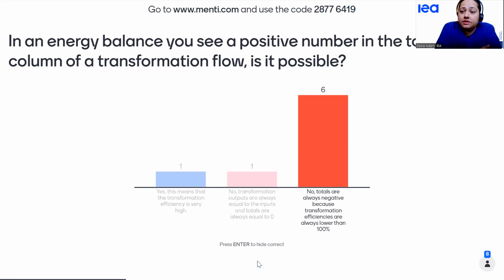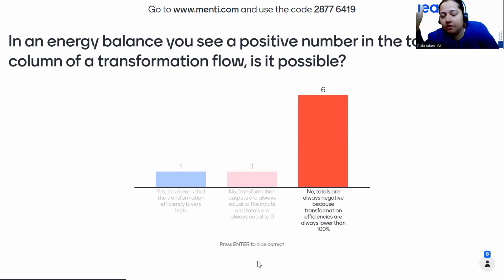So most of you got it right here. In the total column, it should be negative because transformation efficiencies should be lower than 100%. So in my example of crude oil and oil products, if you're putting 1 kTOE of crude oil in a refinery, you cannot get 110 kTOE of oil products, especially in energy terms.